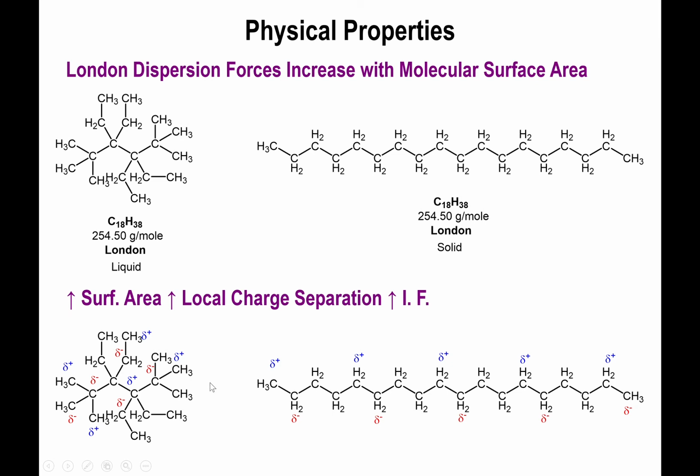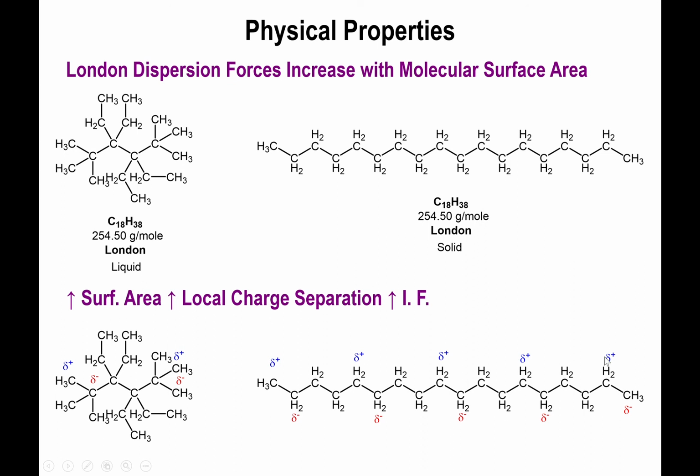If we write the same 5 pairs of delta pluses and delta minuses in the first molecule, we have a lot more congestion. And because the charges are so close to each other, the molecule becomes a lot more unstable. And so it does not want to have that many charges present in a tiny region of space. And what that ultimately means is that in reality, the smaller molecule will only have maybe two, maybe one pair present among its structure, whereas the linear one will have 5 or more.